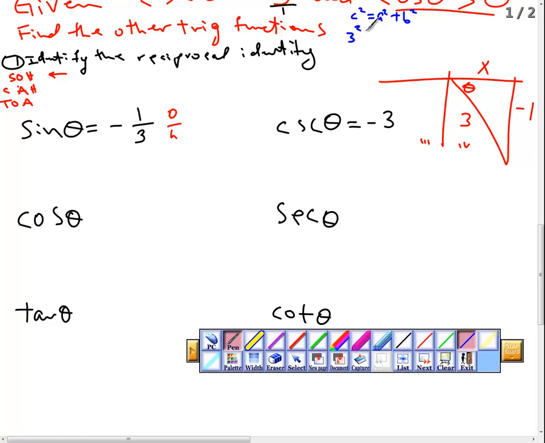Good. 3 squared equals x squared plus negative 1 in parentheses squared. All right, good. So that would be 9 equals x squared plus 1. And so we subtract 1 from both sides and we get 8.